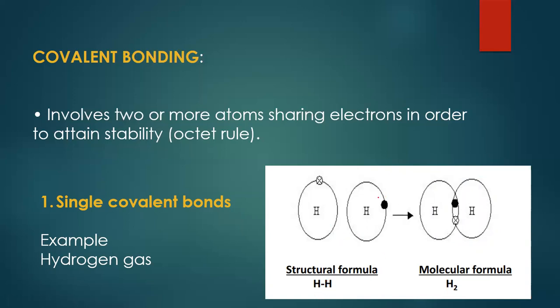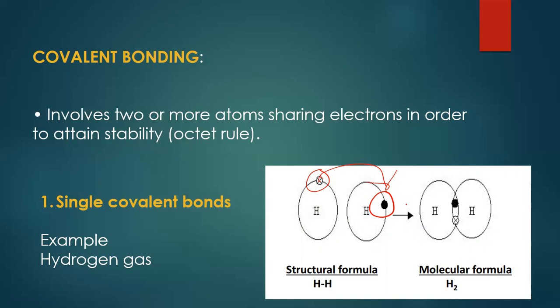One hydrogen has one electron in its outermost shell. The other one also has another electron in its outermost shell. Here there will be nothing like one electron moving from this atom to the other, because if this electron moves, this one will remain with no electrons. Hence, that will not even make sense.